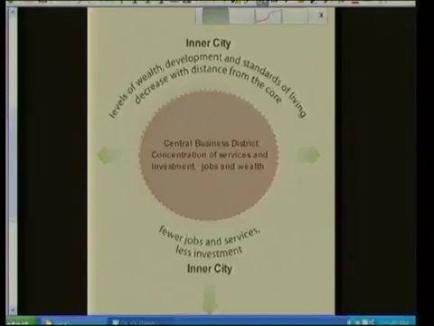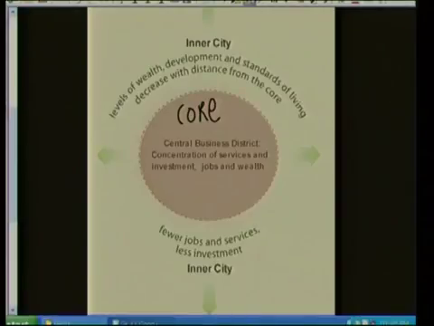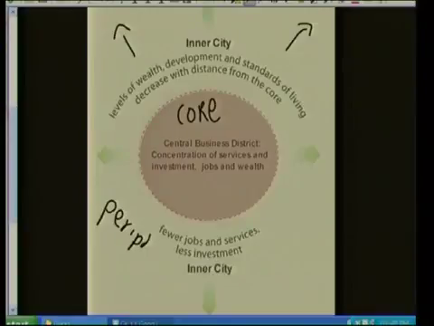And this is what would be referred to as the core, okay? So we've spoken about the core, okay, and this, remember, is the core periphery model. And if you look away from the core, it says levels of wealth, development, and standards of living decrease with distance from the core. And this area coming out in all different directions is what's referred to as the periphery.